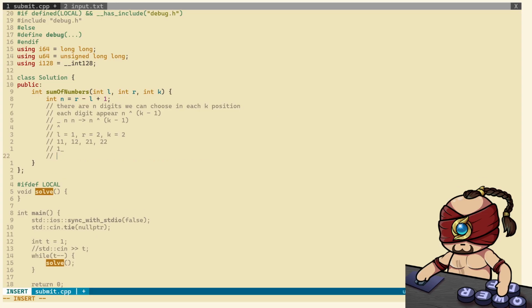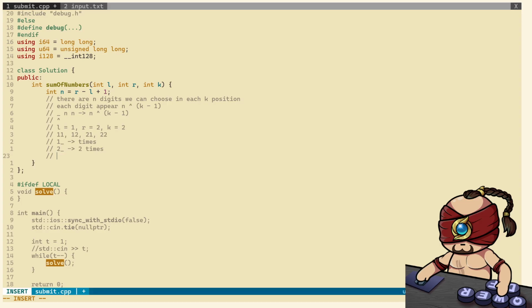How about this number? This 2 did appear 2 times as well. So what I can see is 1 plus 2, 2 times something. I'll tell you that much.